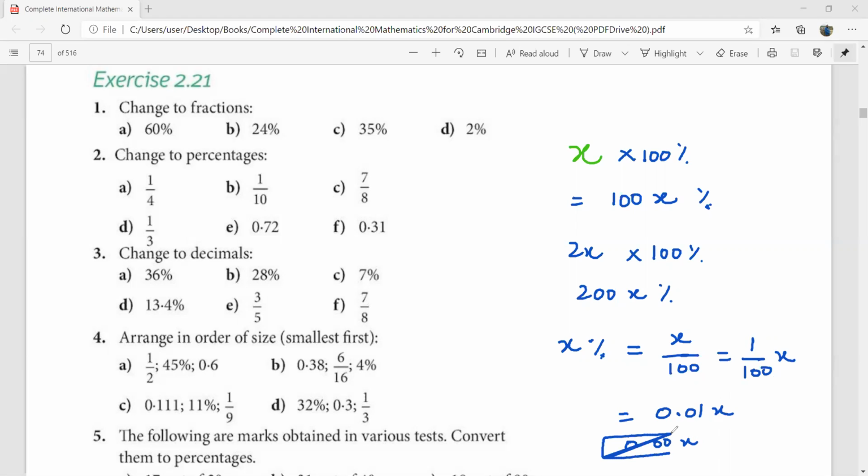This is representing a 0 here, so this is not the right answer. This one is the right answer. X percent as a decimal is 0.01x. If it is 2x percent, this should be 0.02x. Okay, so please remember this.